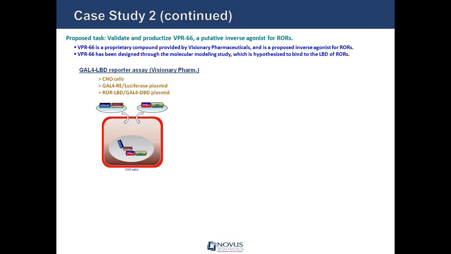This system uses transient transfection with two different plasmid vectors. One is for the GAL4 response element fused to the luciferase gene, and the other one is the ROR gamma T or ROR alpha ligand binding domain fused to the GAL4 DNA binding domain.